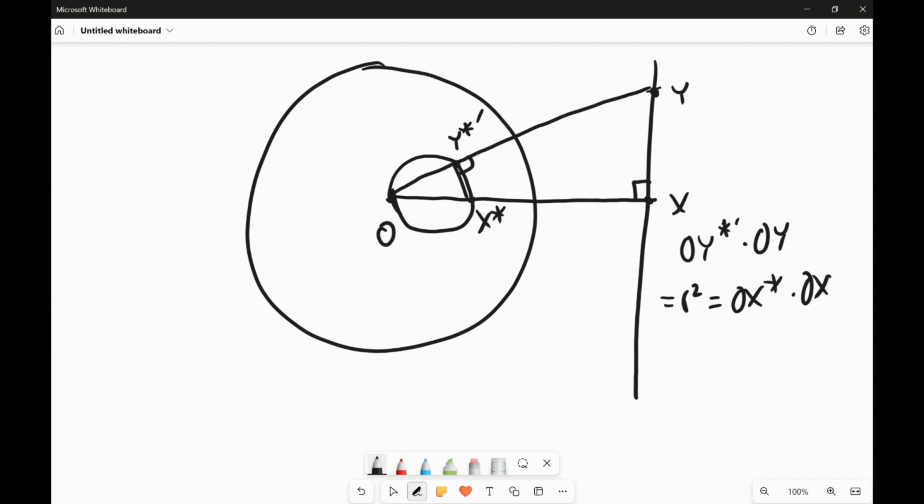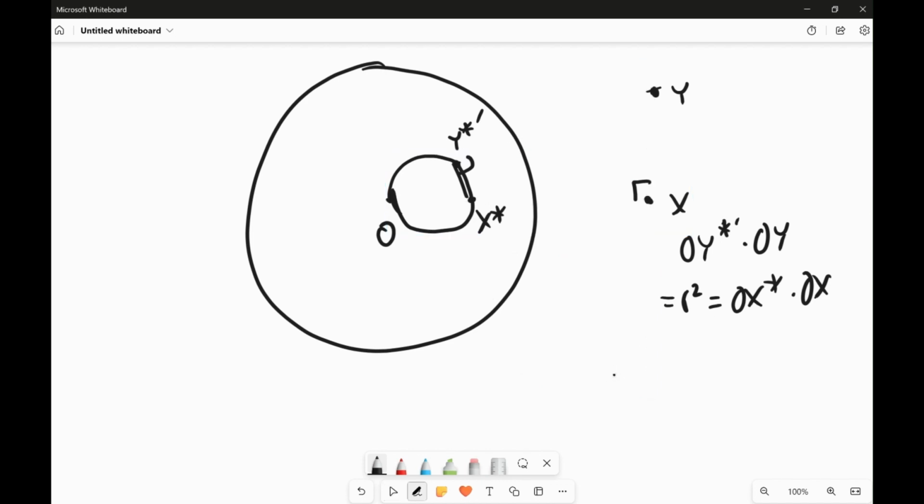But this angle is also 90 degrees since X is the foot from O to the line, hence the quadrilateral is cyclic, which means that OY star prime times OY is equal to R squared. So that proves that the inverse of a line is a circle passing through O, which is really interesting.